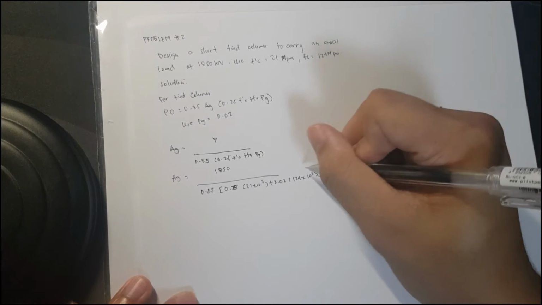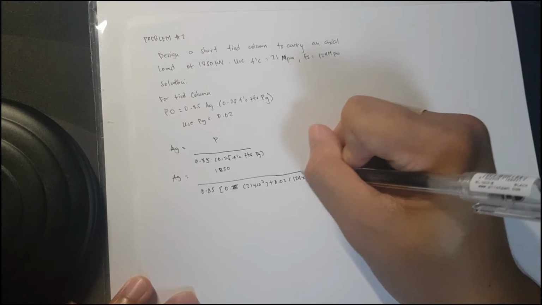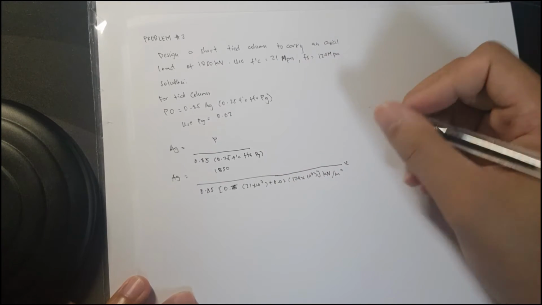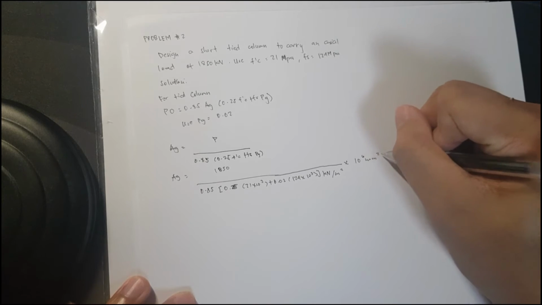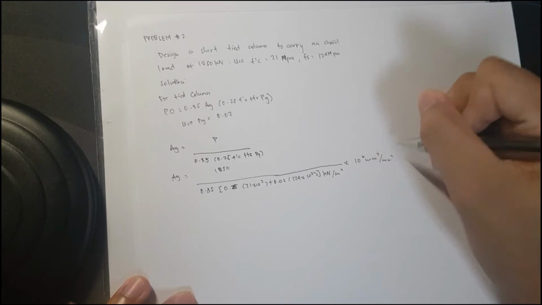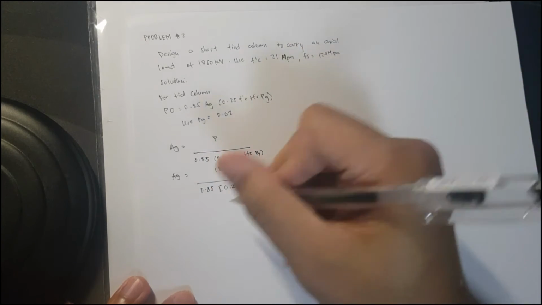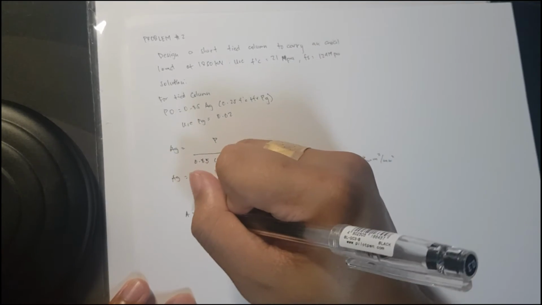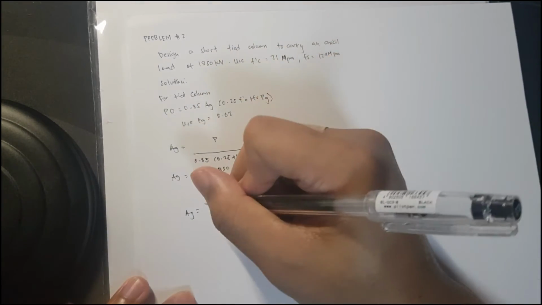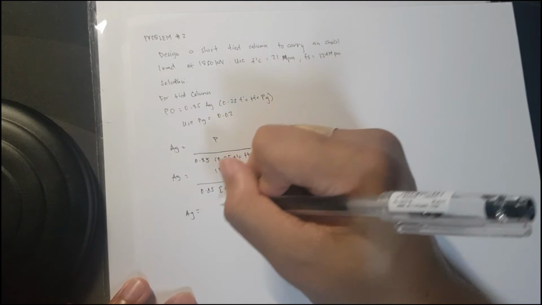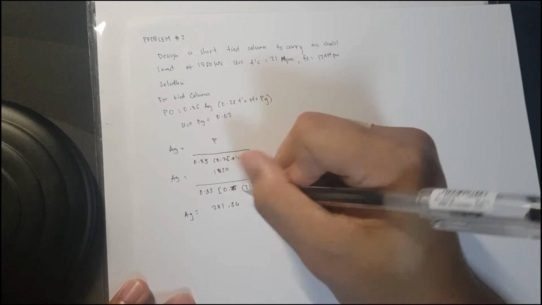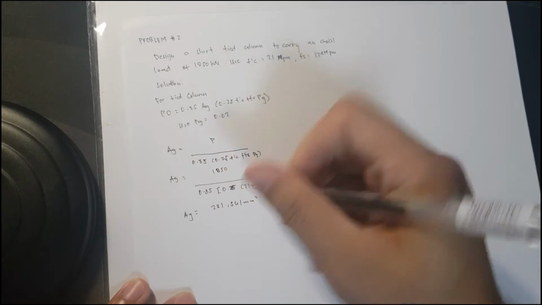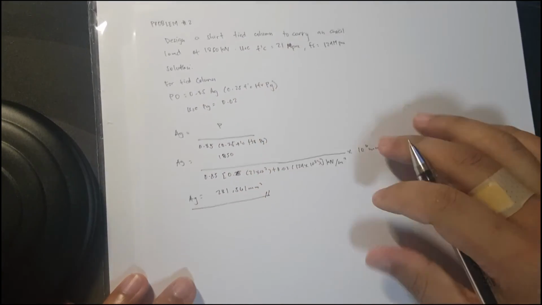So times pa natin sila sa 10 raised to 6 millimeter squared. Makuha natin sa gross section area natin is 281,561 millimeter squared.